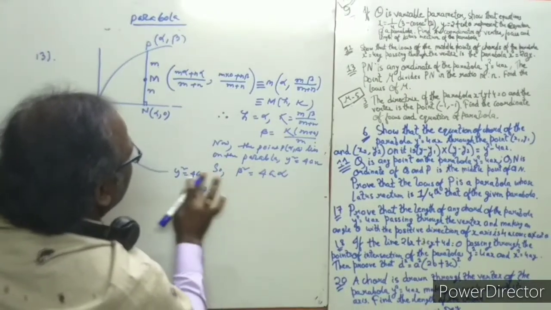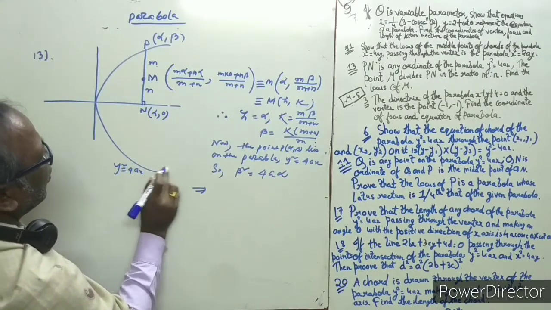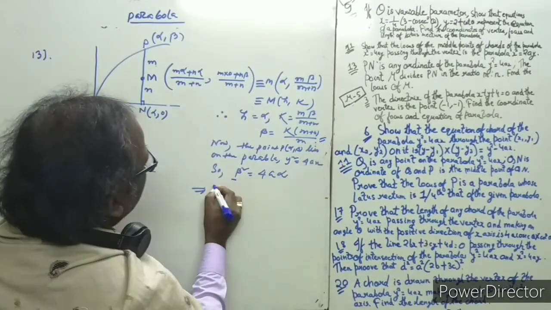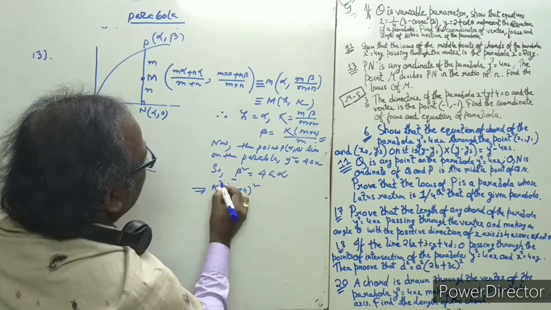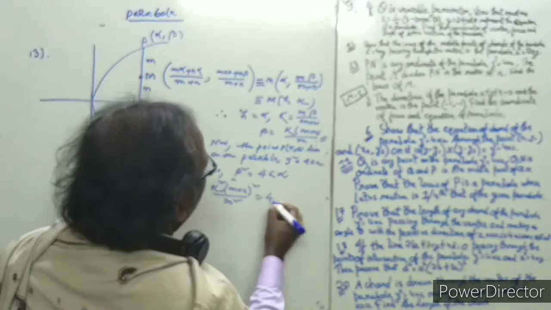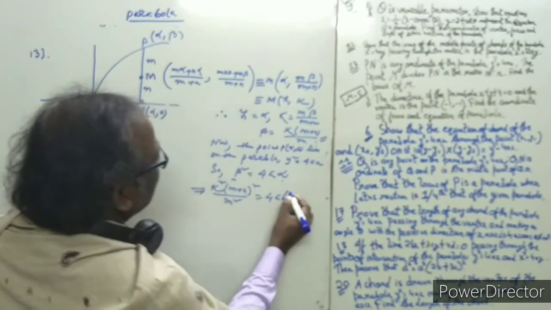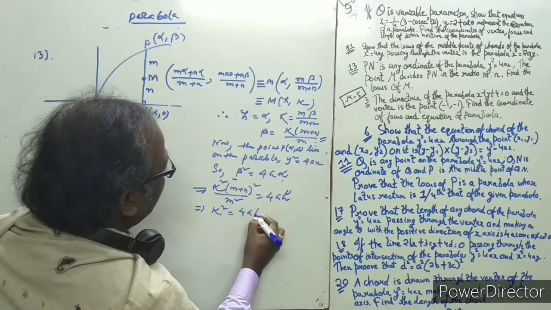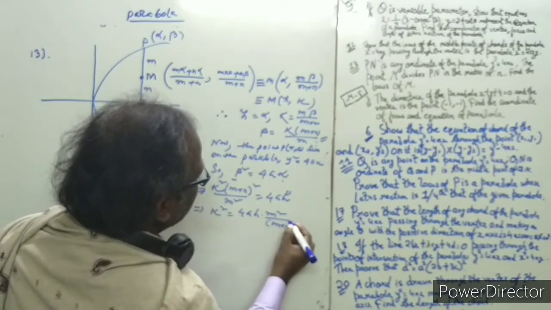So beta is k into (m plus n), and beta squared gives k squared into (m plus n) whole squared by n squared, which is equal to 4a into alpha. Alpha means h. Therefore k squared is equal to 4a h n squared by (m plus n) whole squared.